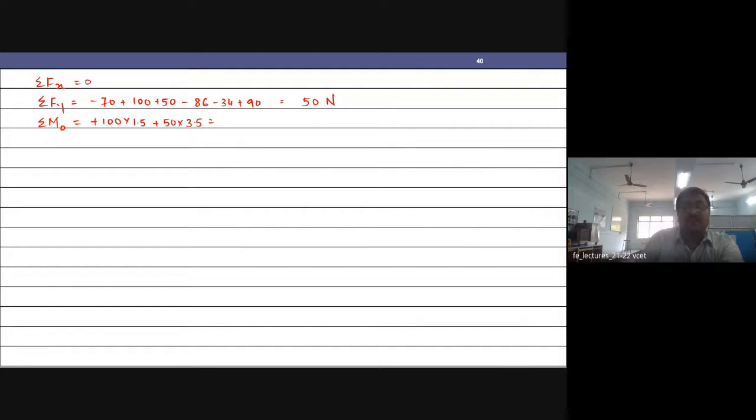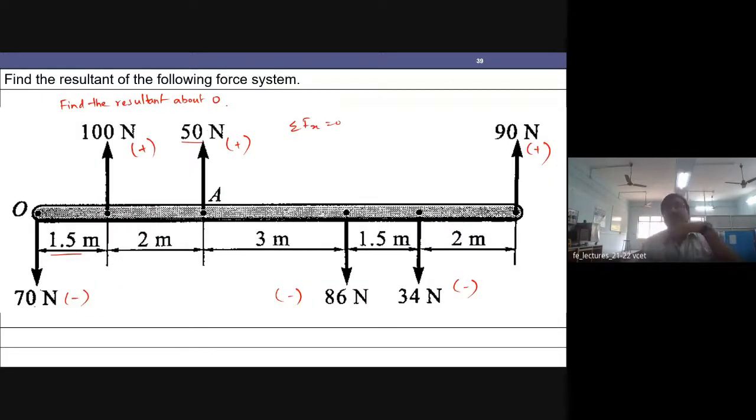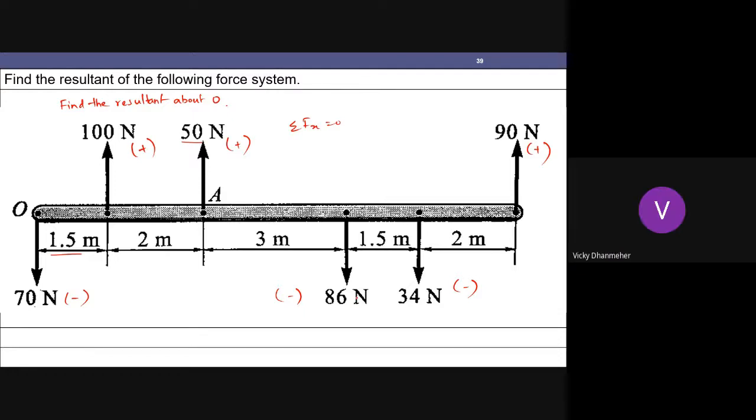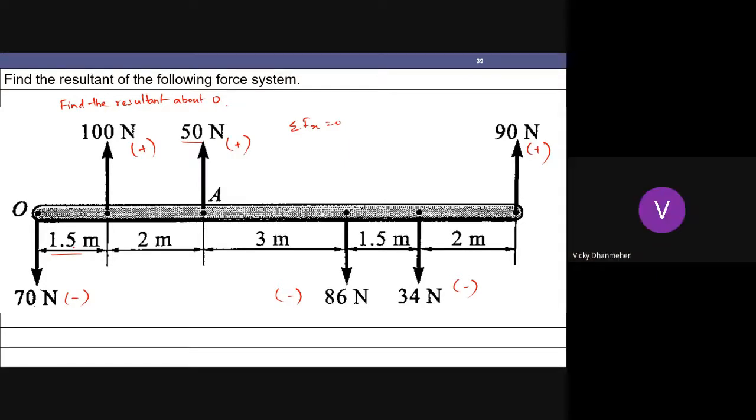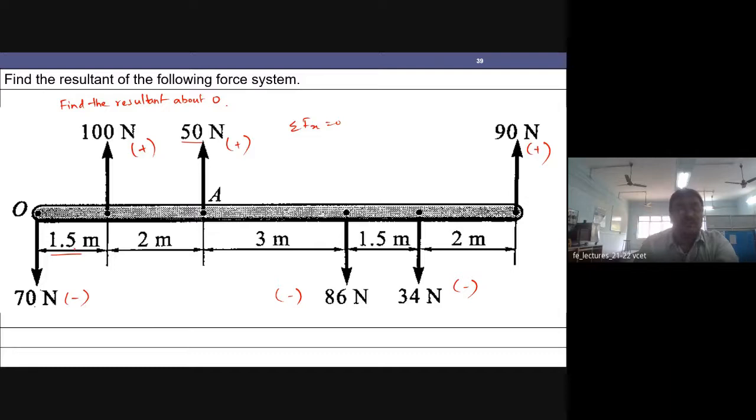Good. Now what about the others? The next force is 86 Newton. At what distance is it acting? 3 plus 2 is 5, 5 plus 1.5, 6.5 meters. Correct. And the effect is clockwise.